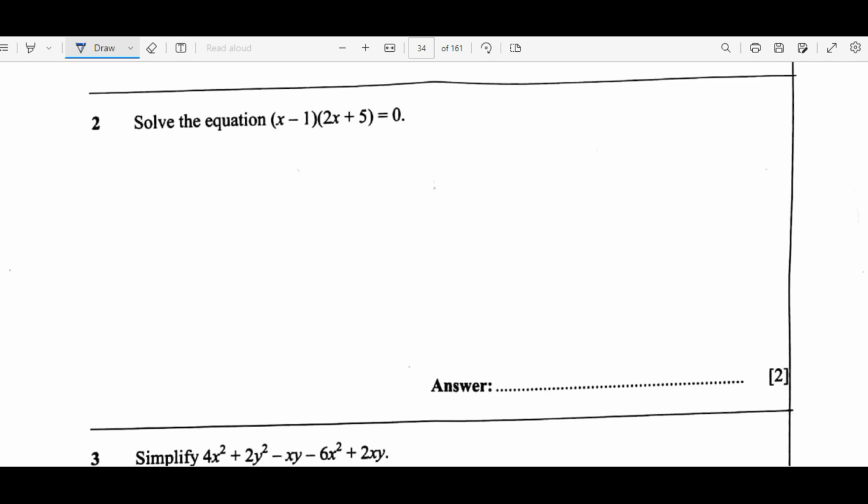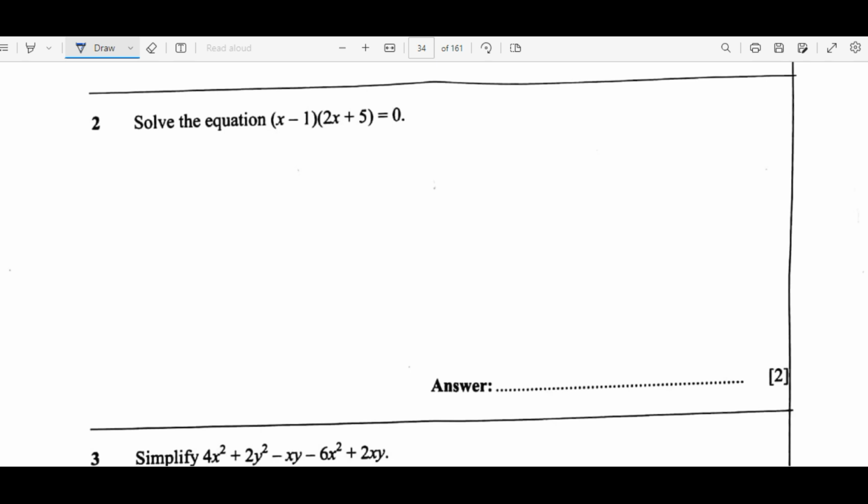Then we have question 2, where we are told to solve the equation (x - 1)(2x + 5) = 0. If we are told to solve the equation, we are trying to find the values of x.